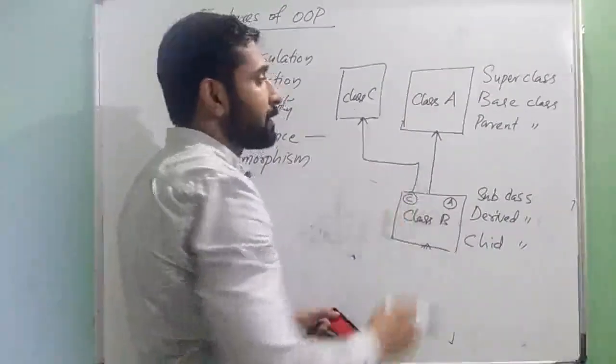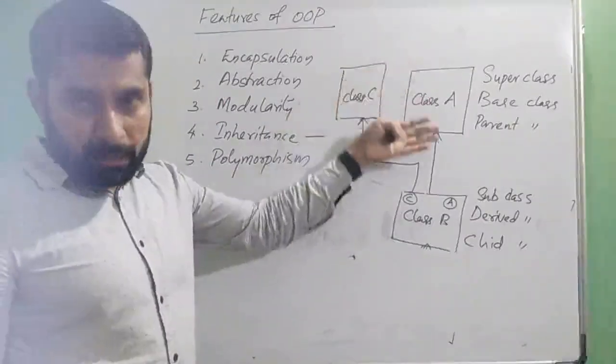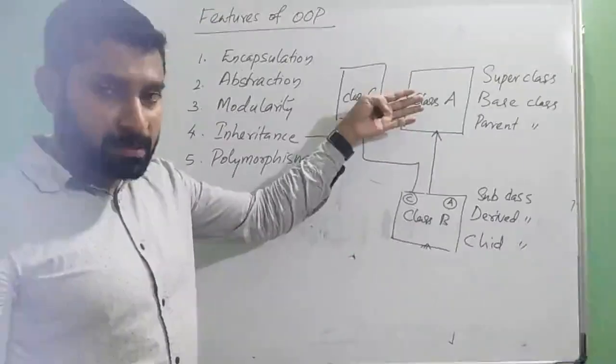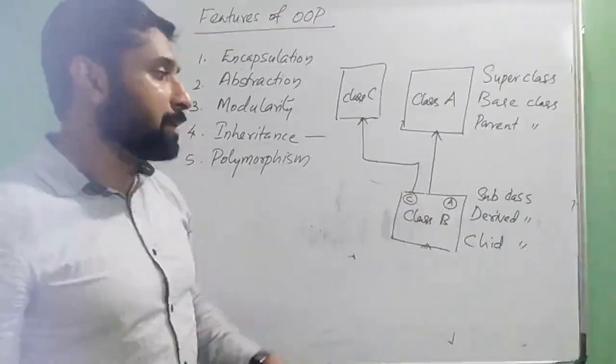This type of inheritance is called multiple inheritance, where there are two or more base classes and one derived class.